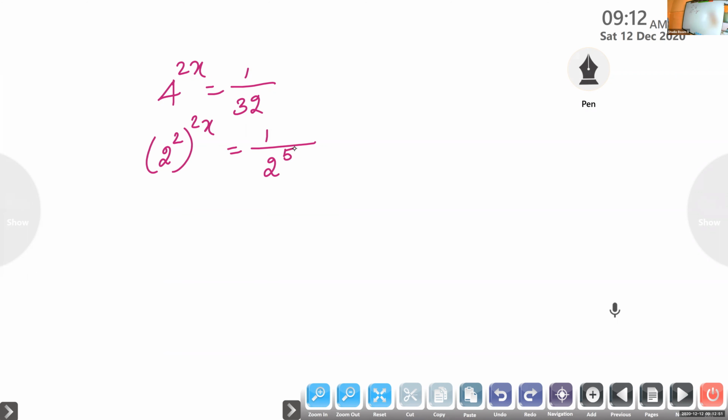2 2s are 4, 4 2s are 8, 8 2s are 16, 16 into 2 is 32. So it is 2 raised to 5. Now look at this, power to power. So 2 raised to 4x is the same as 2 raised to minus 5. Now the bases are the same. If the bases are the same and the values are equal, the powers will be equal.